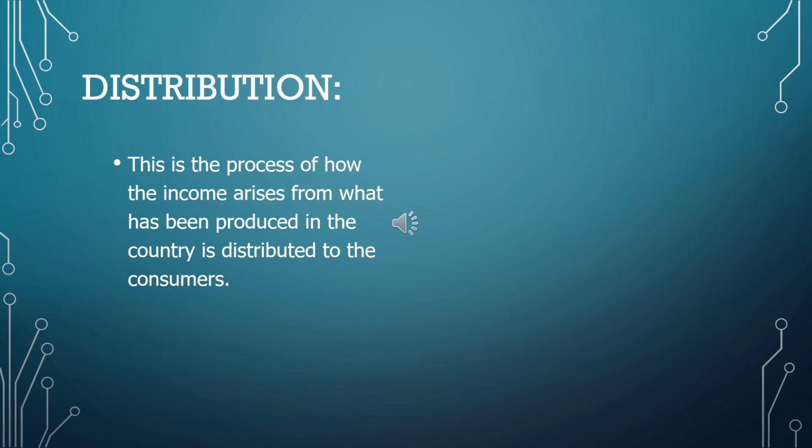I hope you have done the circular flow of economy, right? In the circular flow of economy, distribution was one part of the flow. We are just having a recap again when we start the subject.